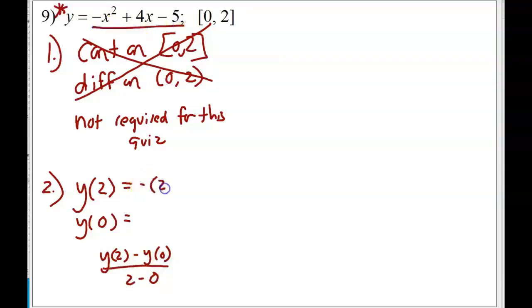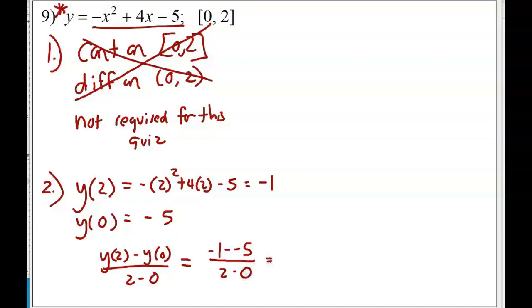We have negative, and then 2 squared plus 4 times 2 minus 5. That would give me negative 4 plus 8 is 4, minus 5 is negative 1. And the next one would be just negative 5. Plugging that into our difference quotient, we have negative 1 minus a negative 5 over 2 minus 0, which gives me 4 over 2, which is 2.